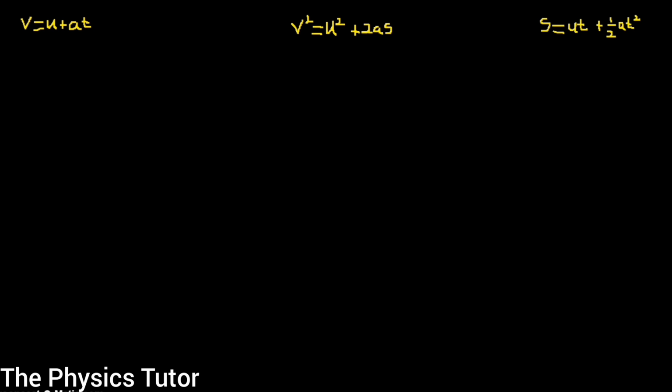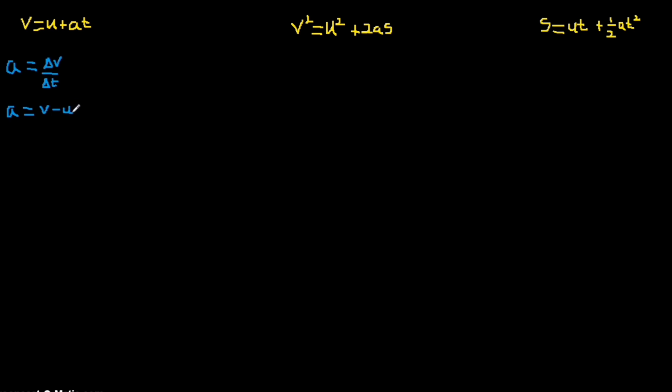To prove the equation on the left side, we know that acceleration a is equal to the change in velocity divided by the change in time. So acceleration is equal to the final velocity minus the initial velocity divided by the time t.